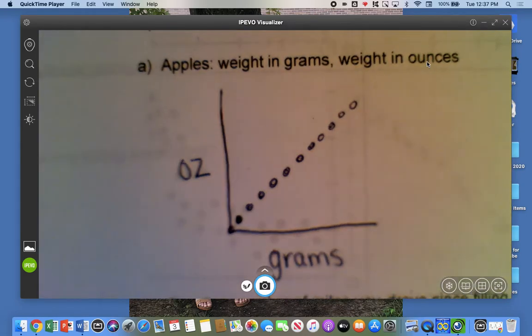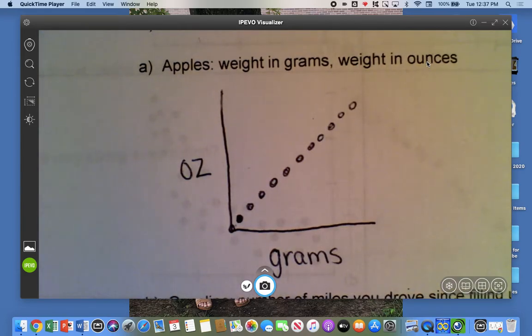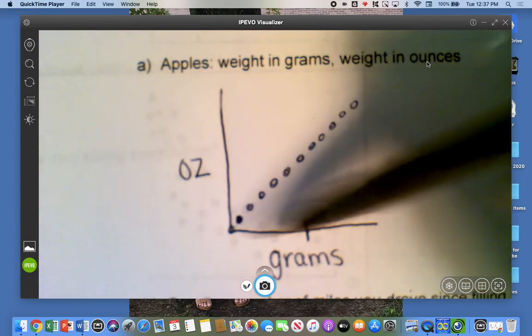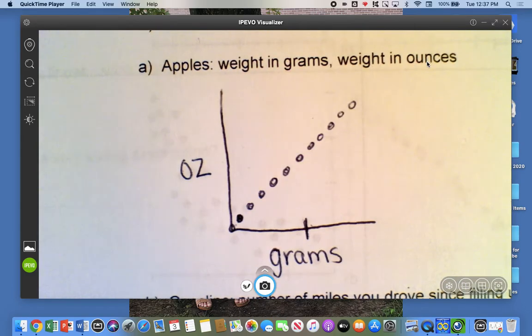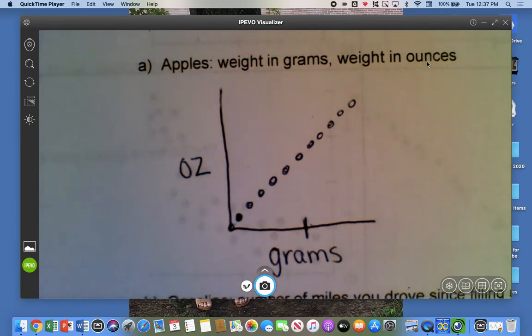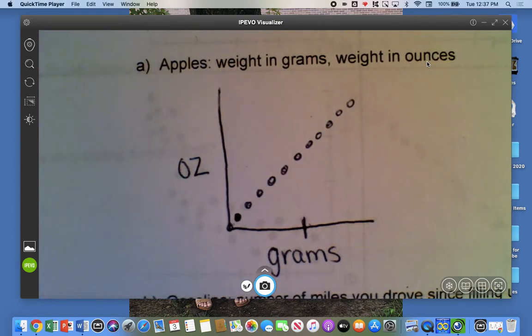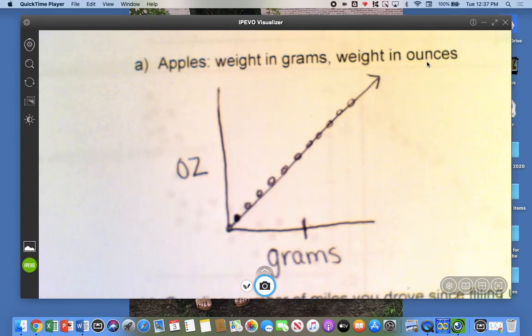And you're not going to have anything scattered, because if you have 3 apples that all weigh the same amount in grams, they're not going to give you a different measurement in ounces. So you're not going to have those crazy points that are off of the trend line. You're going to have a trend line looking exactly like this.